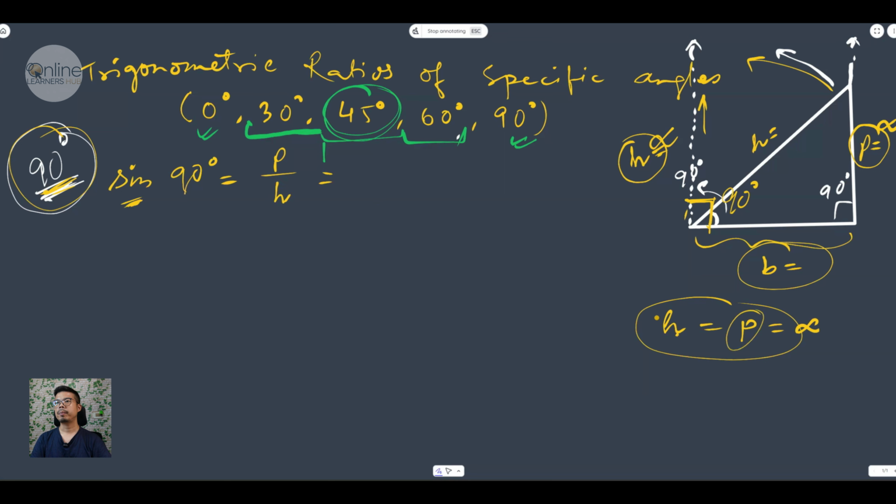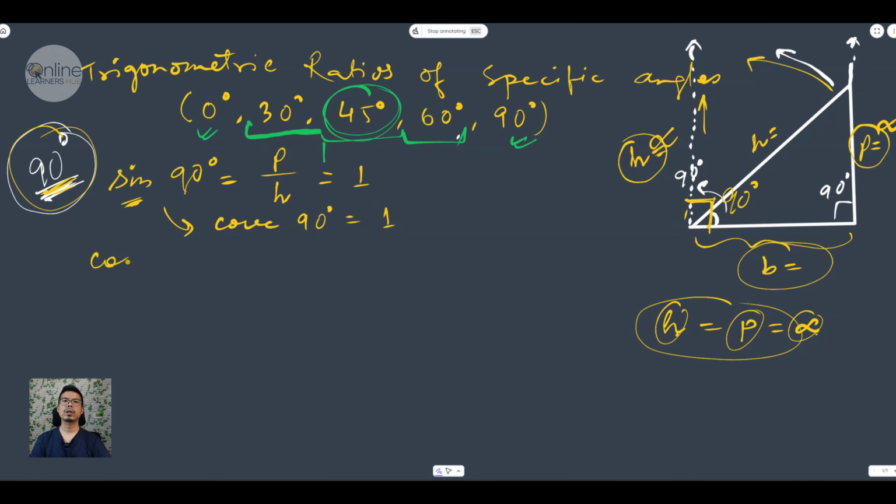P and H, they are equal, even though they are infinite. So if two numbers are equal, the same number divided by itself, then it is just 1. Okay, so the reciprocal of sine is cosec. Cosec 90 is also 1, because the reciprocal of 1 is 1.